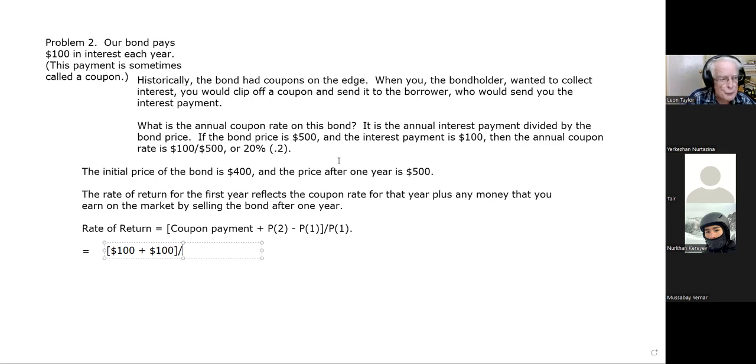That is 500 minus 400, or P2 minus P1. And then we relate all of that to the initial price of the bond, $400.